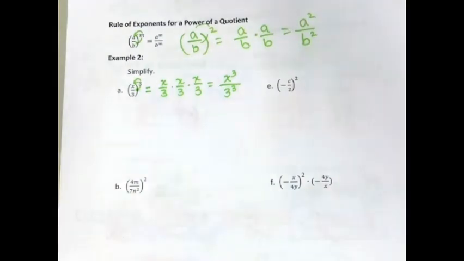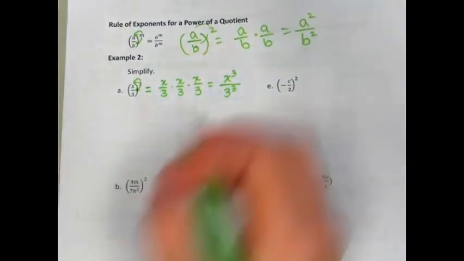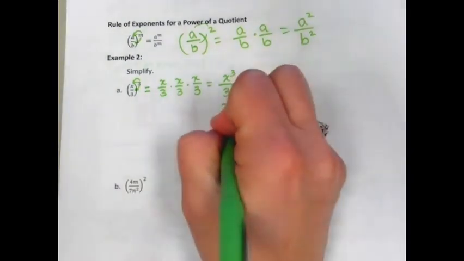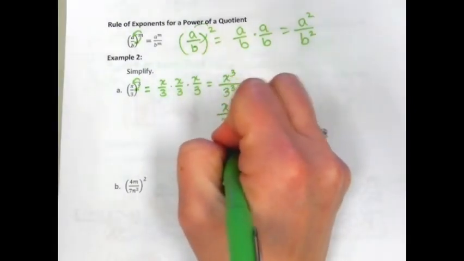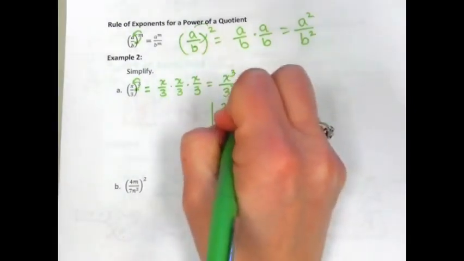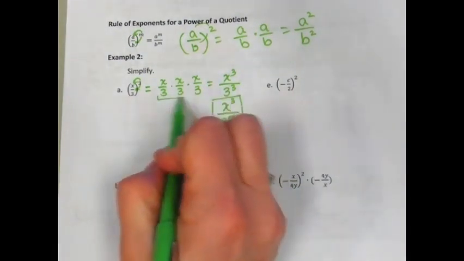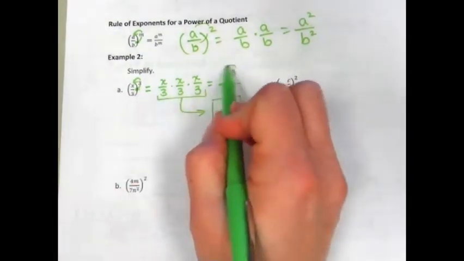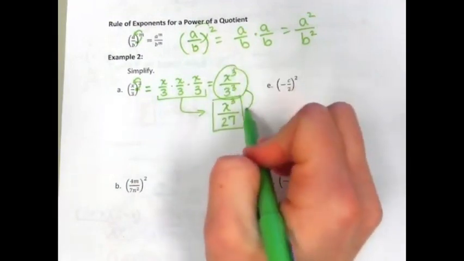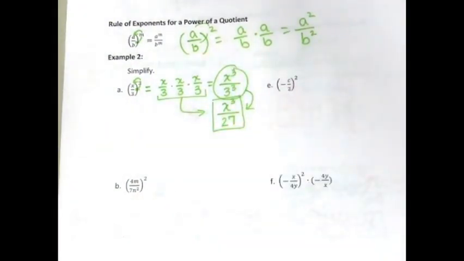And then what is 3 to the third power? Isn't that 27? Yeah. So it's x cubed over 27. So again, we can either write it out, then simplify it, or raise everything to it, then simplify it. Either way, doesn't matter.